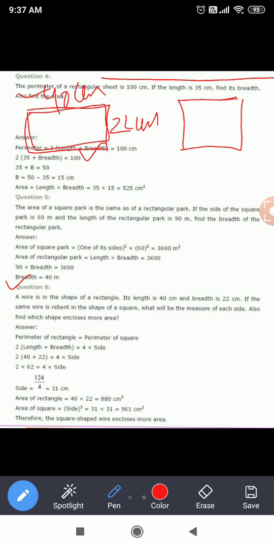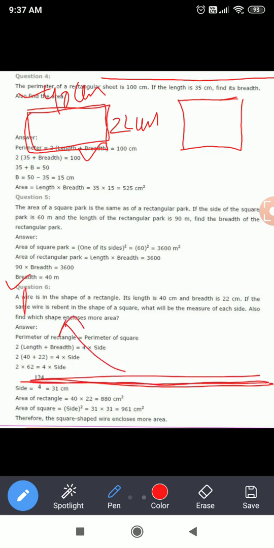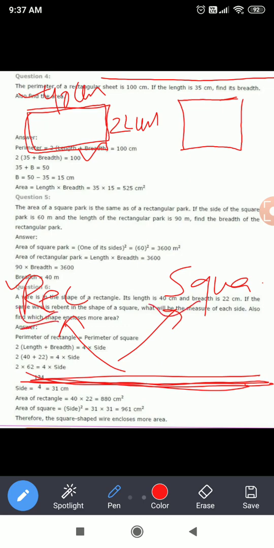Now, let me tell you, see, if this is a wire, then this particular length of the wire has been transformed to the rectangle and this length has been transformed to the square. So both the lengths of the rectangle and square will be same. And what is the length of the rectangle?